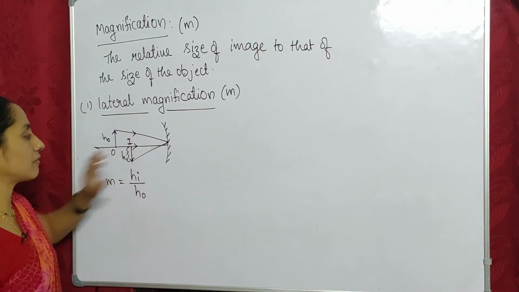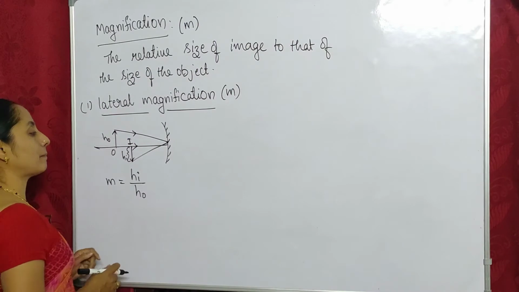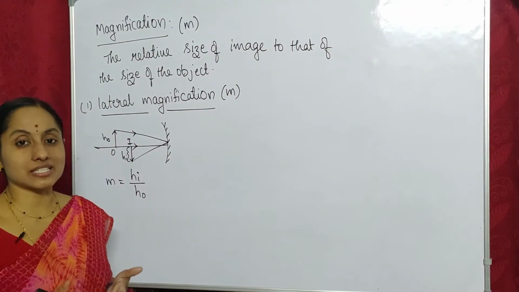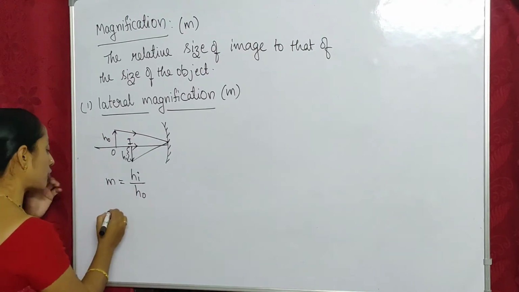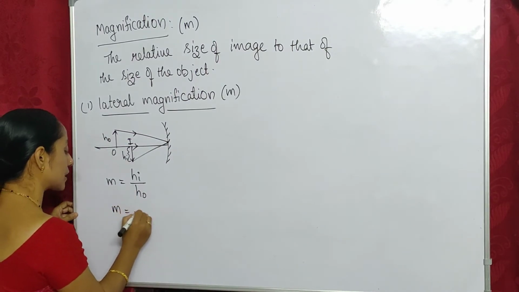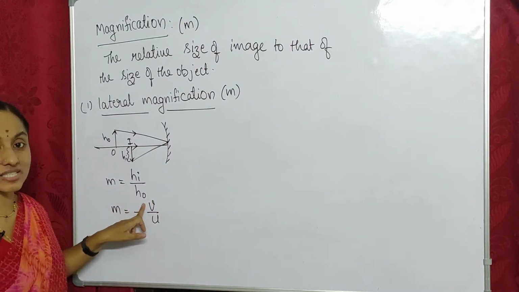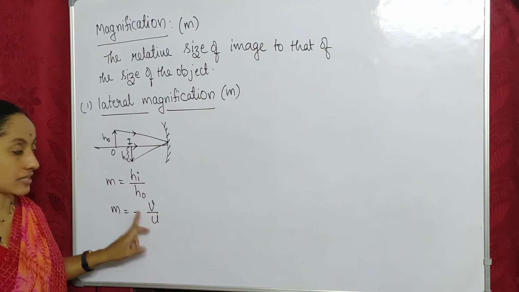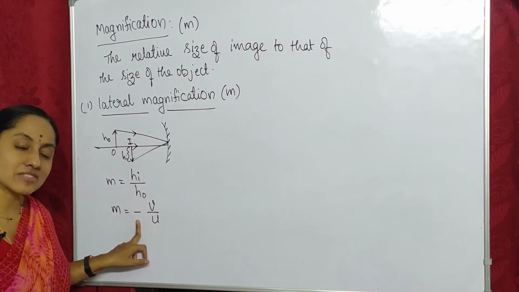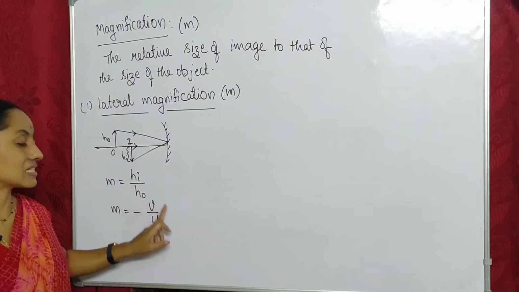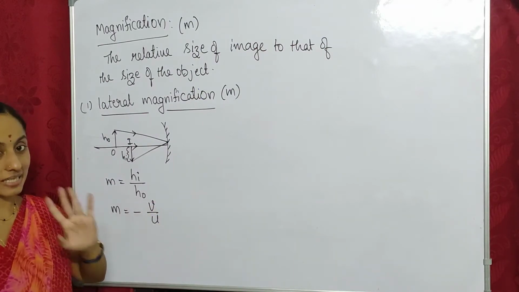Now if we observe carefully, we can also compare in terms of size, the distance of the object and distance of the image. So there is one more formula for magnification, m is equal to minus v by u. What is this v? Image distance, u, object distance. Why did I put this negative sign? Sign conventions. According to sign conventions, we get this negative sign. So negative sign compulsory.